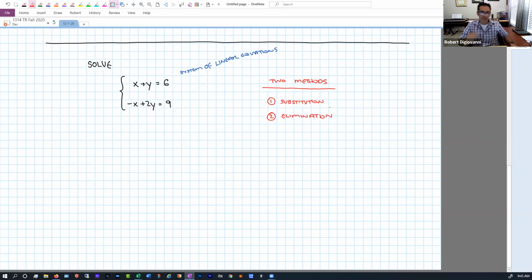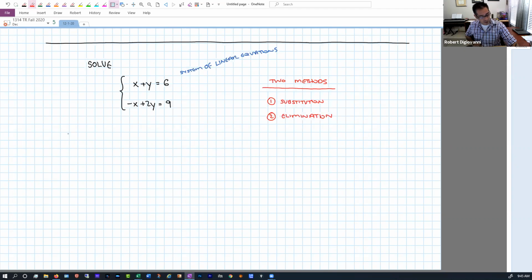Now, students seem to pick one of these and they're like, that's the one I want, I'm always going to use that one. I would suggest that you remain open to the idea of using both, because sometimes substitution is easier than elimination, and sometimes elimination is easier than substitution. So I'm going to show you both methods now.